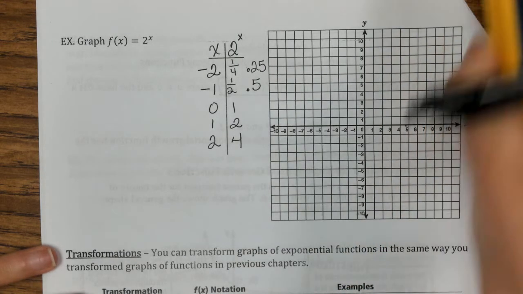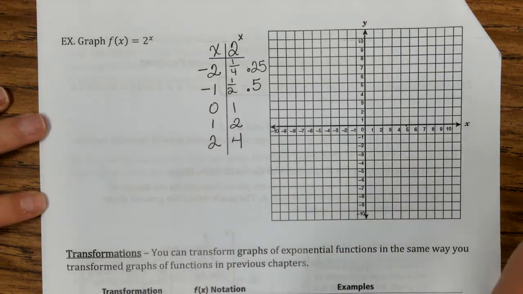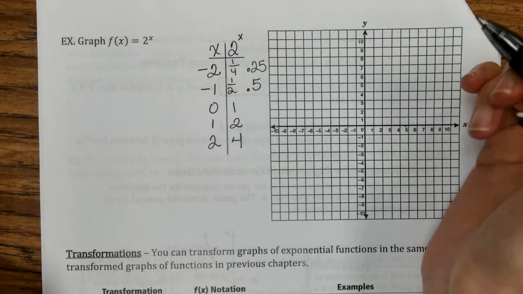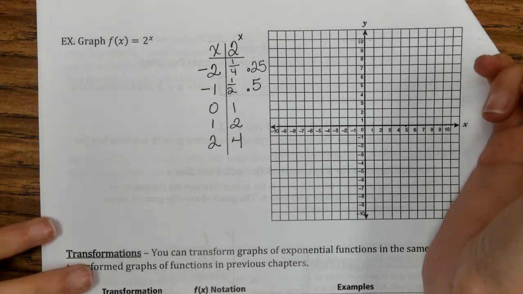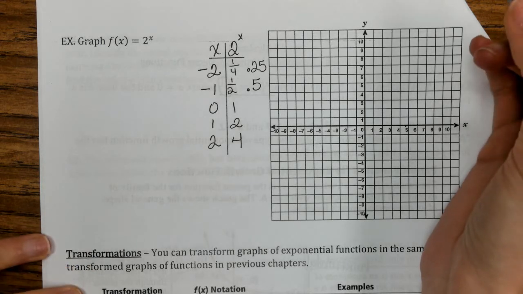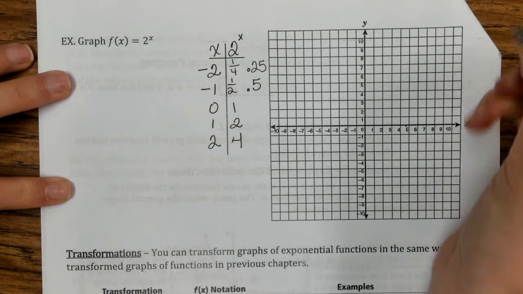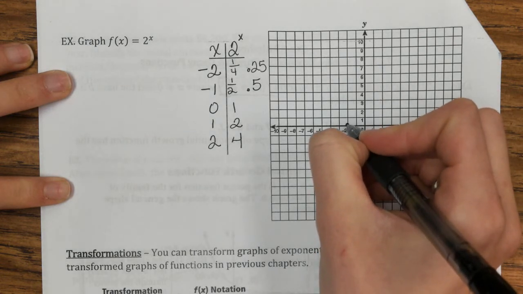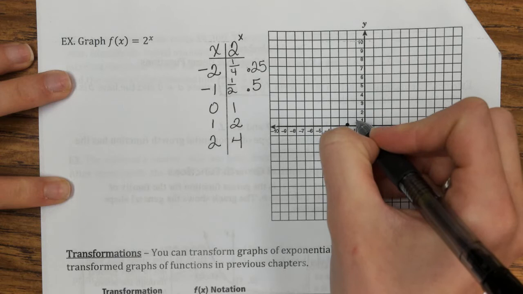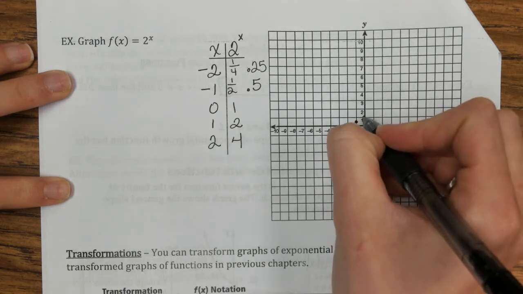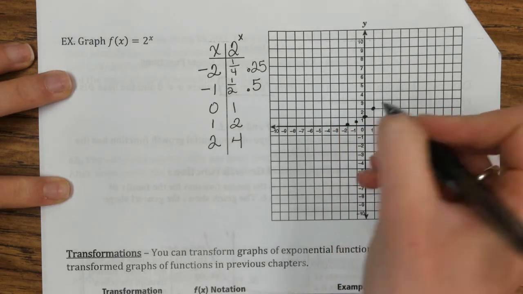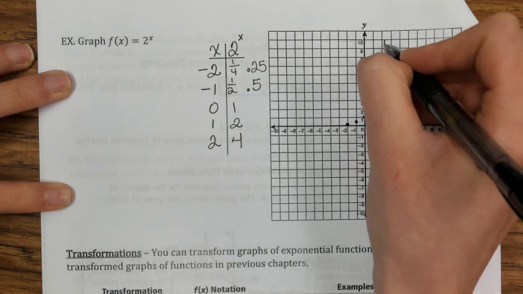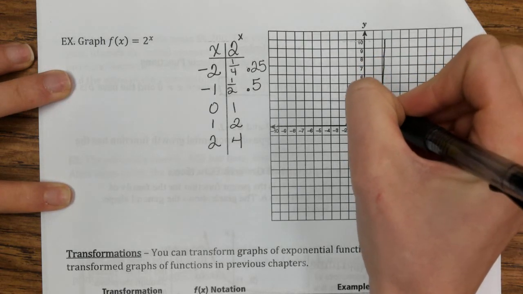Okay? So I'm going to graph this, but what is going to be my asymptote that I'm not going to cross, that I have to graph? If I'm going from -2 to 0.25, -1 to 1/2, 0, 1, 1, 2, 2, 4, I'm approaching what y value? 0.